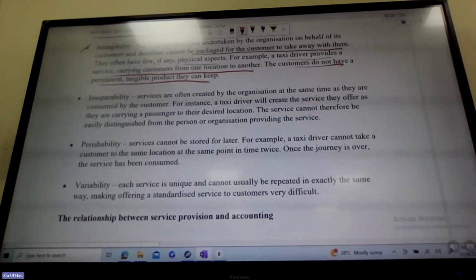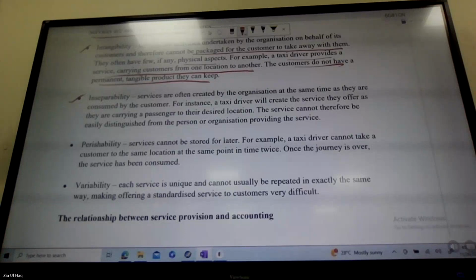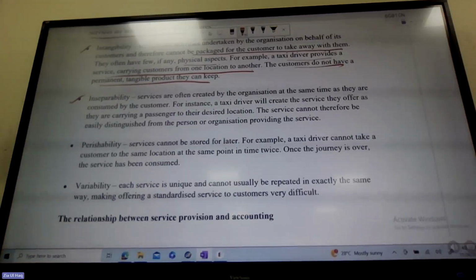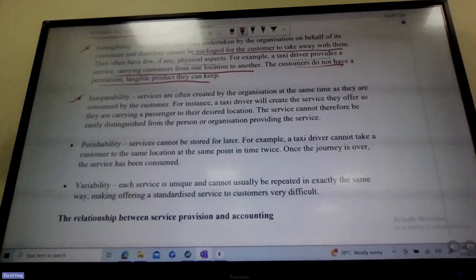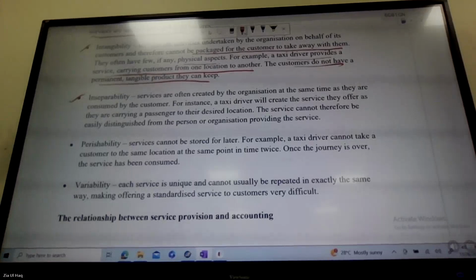Services have inseparability. Inseparability means they are linked to a person and cannot be separated from that person. To take the service, you need the person who is specialized in providing it.